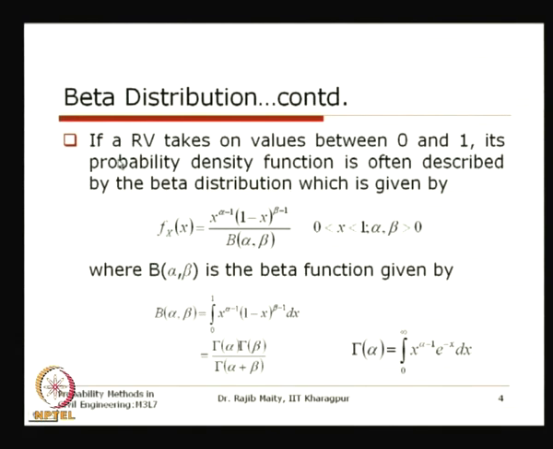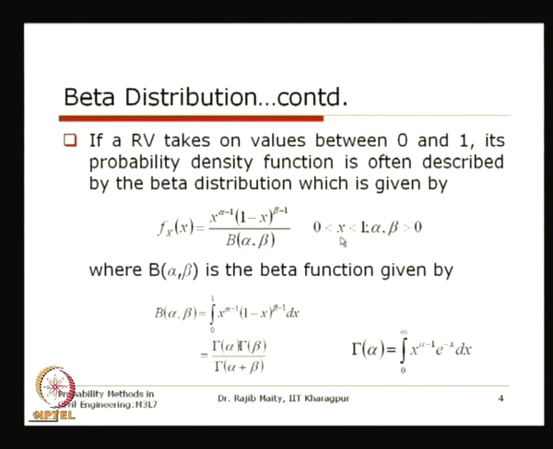Now, for this beta distribution, if the random variable takes on values between 0 and 1, its probability density function is given by this form: f(x), the density function, is x power alpha minus 1 multiplied by 1 minus x power beta minus 1, divided by a function known as the beta function, which has the parameters alpha and beta.